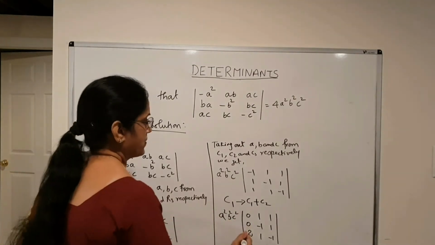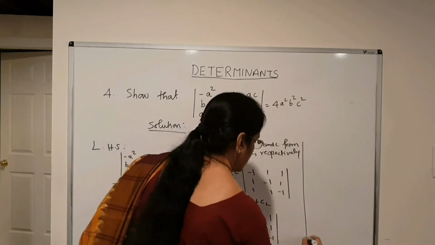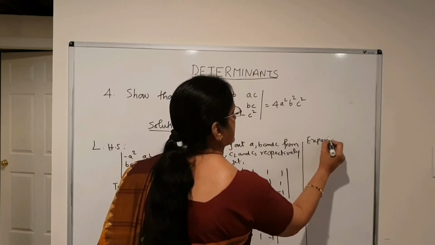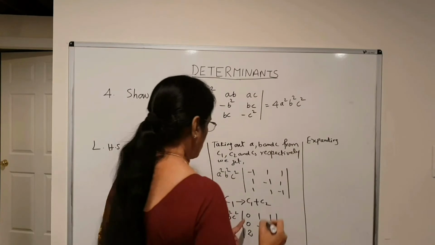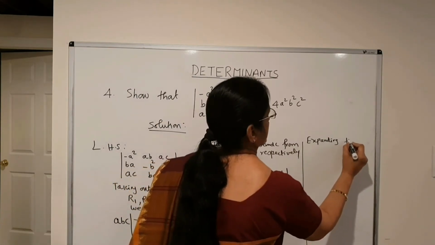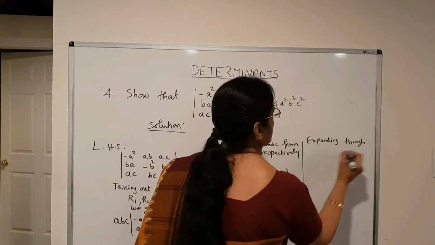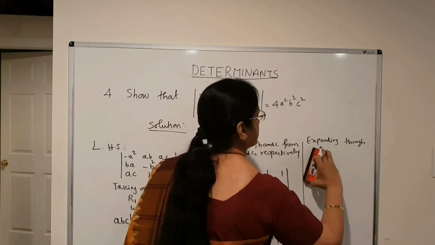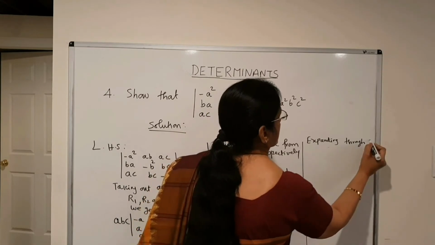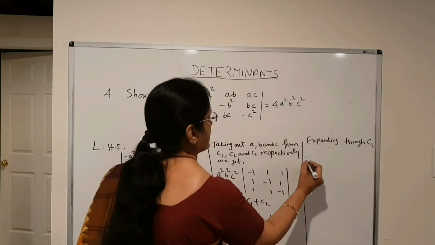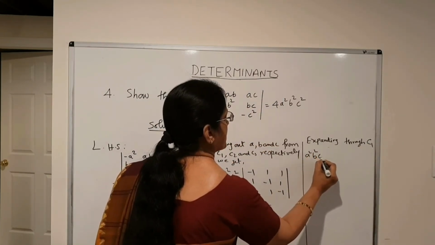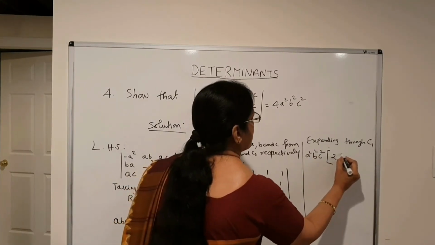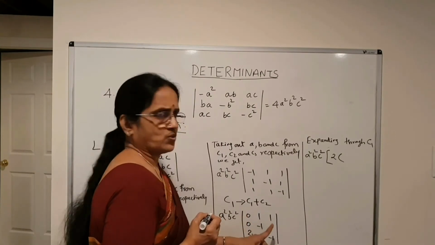Therefore, now expanding through the first column C1, what will you be getting? a², b², c² into 2 into, because anyway 0 into anything is going to be 0.